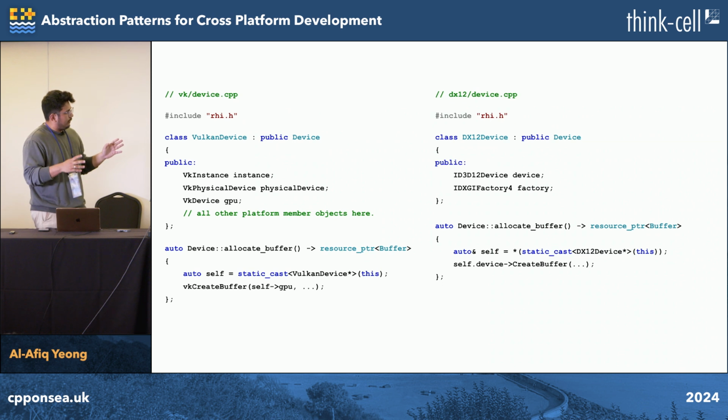And then for the method of the interface, we simply cast the this pointer to its derived class, which gives us access to all of the variables that we need, and we can handle all of the platform-related logic in the method.